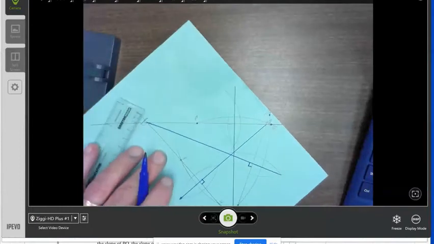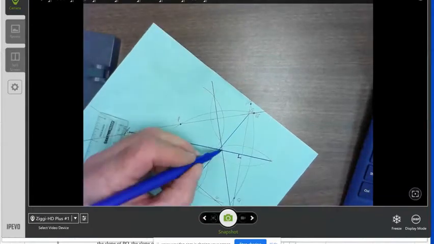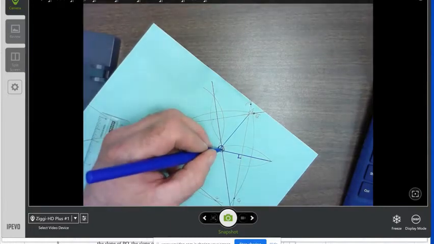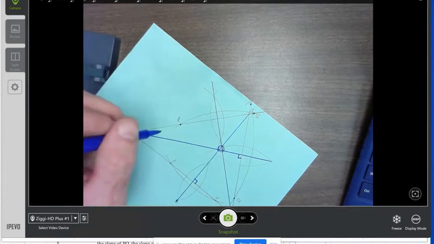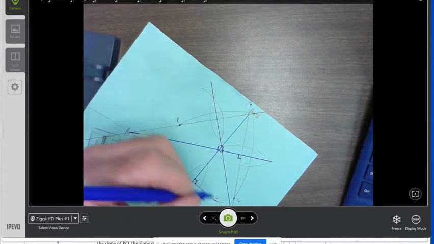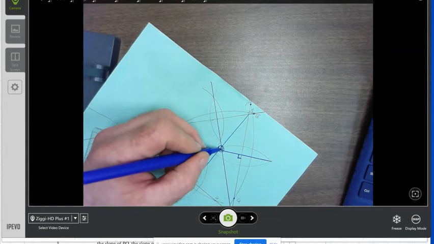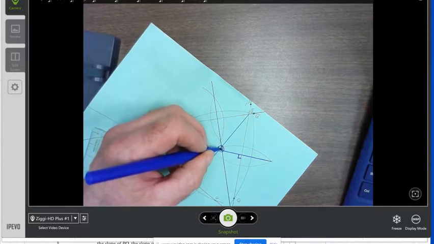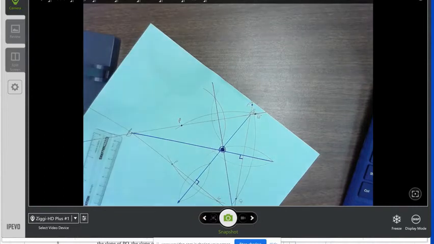Now, this may happen to you as well. These didn't come out concurrent. They're supposed to. It's because if I had a tiny bit of error anywhere on any of these points that I placed or any of the lines that I drew, one or maybe all of them are off by a little bit. Okay, so these are supposed to be concurrent, and so I'll just make one big dot there.